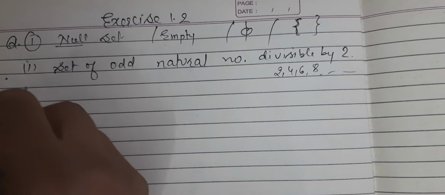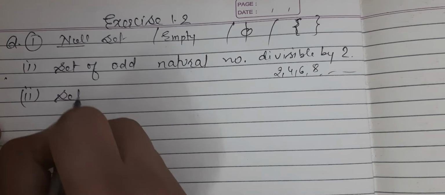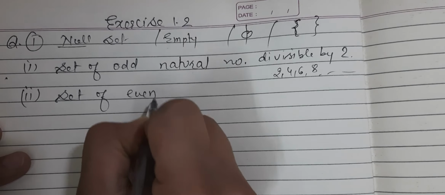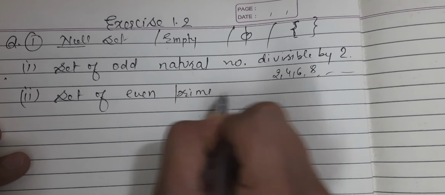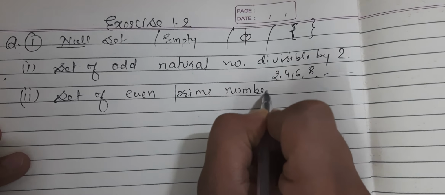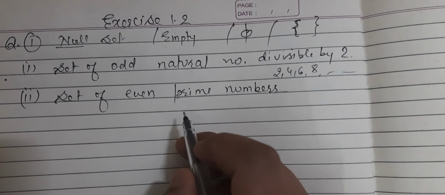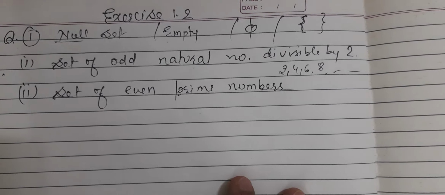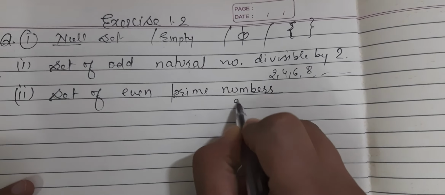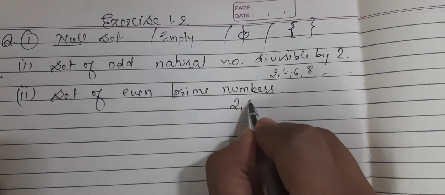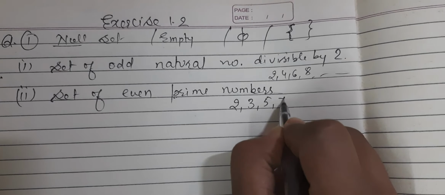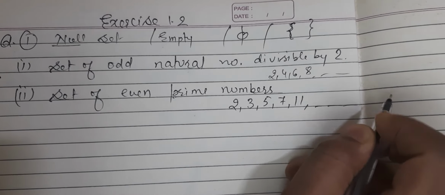Second, set of even prime numbers. So first we will see all the prime numbers: 2, then 3, then 5, then 7, then 11 and so on.